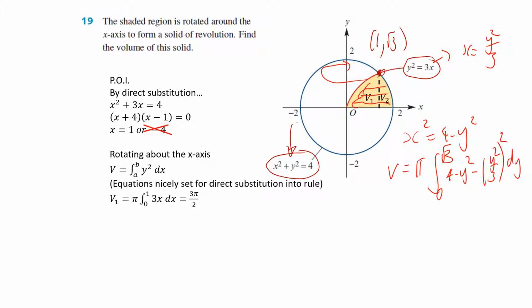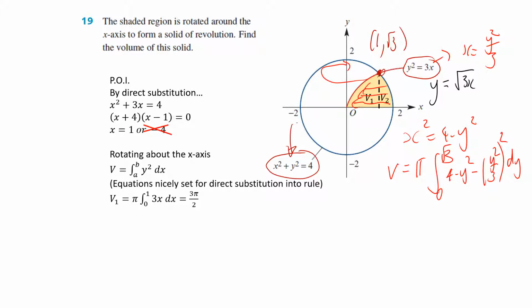If I was to make y the subject, so this might throw some students, y is obviously the positive square root of 3x because it's only part of the curve that we're looking at. And if I square it, of course, I get back to 3x. So that's one way to think about it. So there's the volume. I'm integrating with respect to x from 0 to 1, leading to a volume of 3 pi on 2 units cubed for V1.